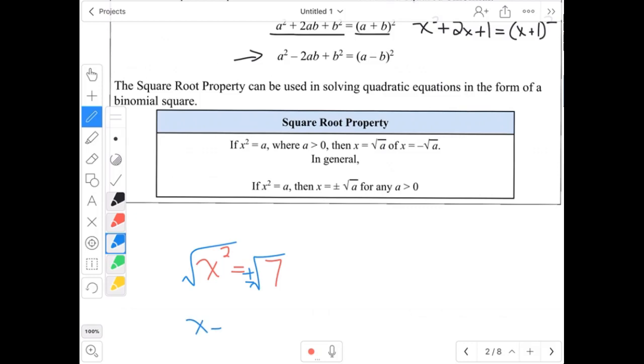So I would have x is equal to negative root 7, and I would have x is equal to root 7. And the reason why is because negative root 7 squared would give us 7, along with positive root 7 squared. So because both of those would give me an answer of positive 7, those will both be okay answers for us.